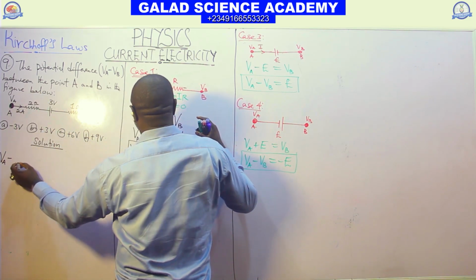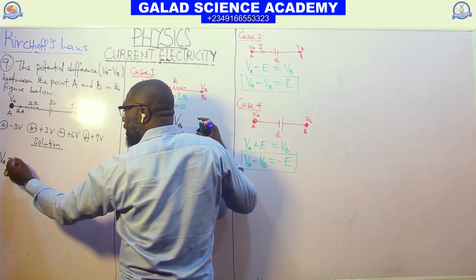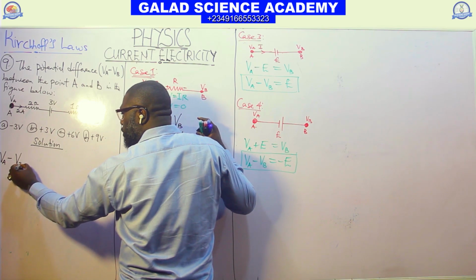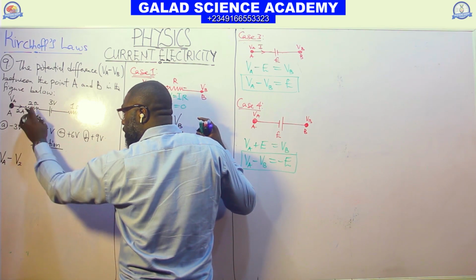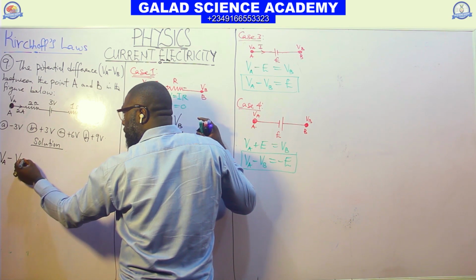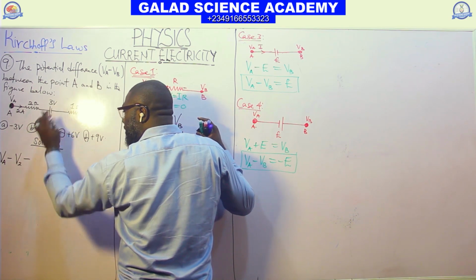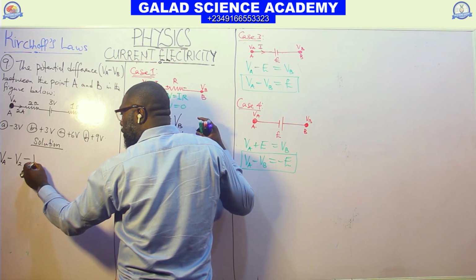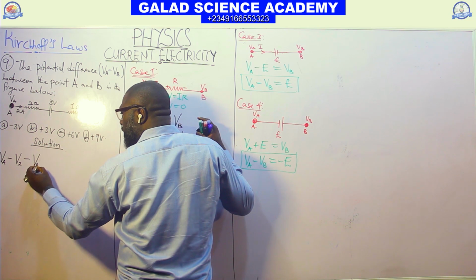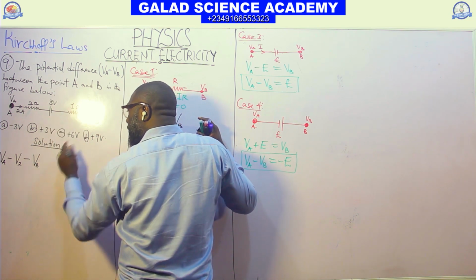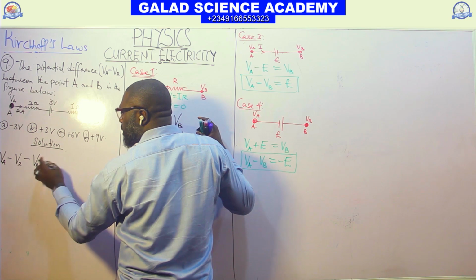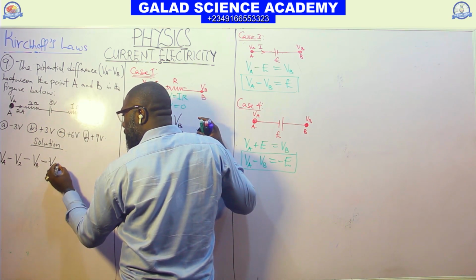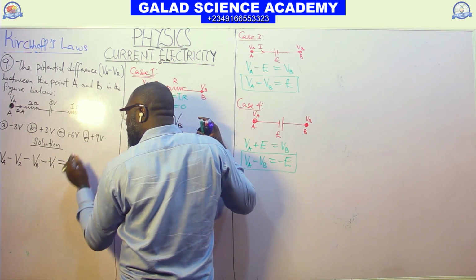This will now be VA minus the potential difference of these 2 ohms, minus the potential difference of the battery, then minus the potential difference of the 1 ohm, everything equal to the potential difference of B.